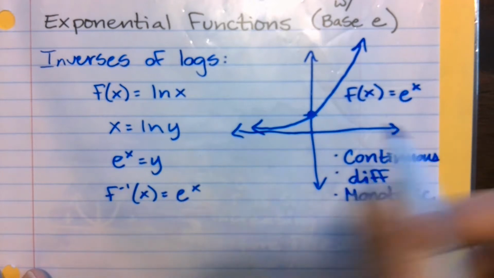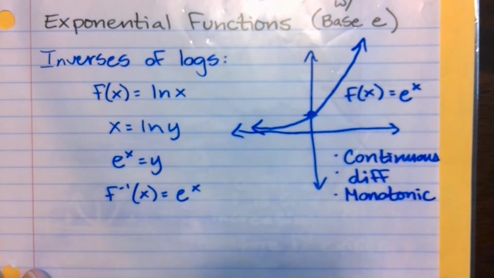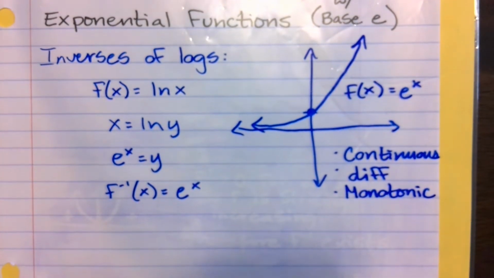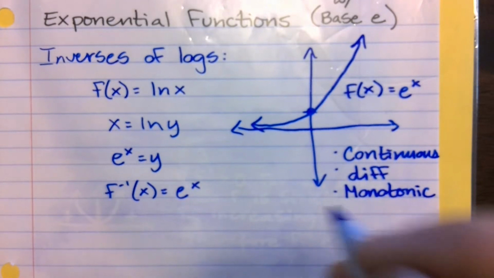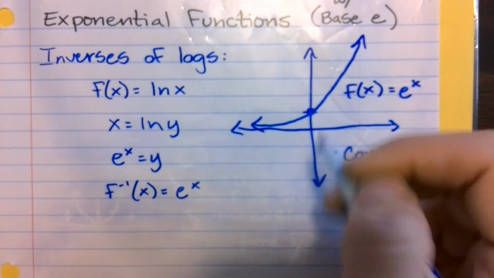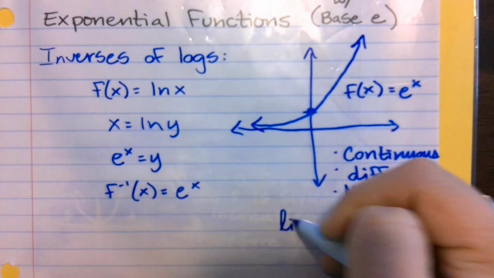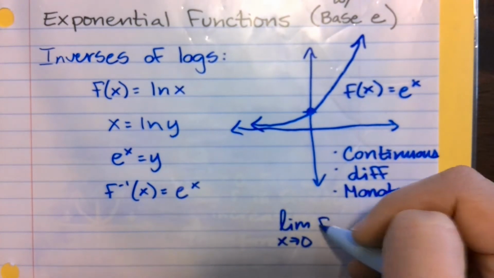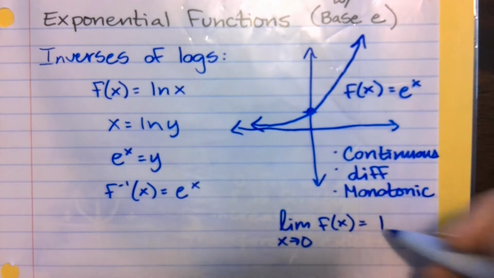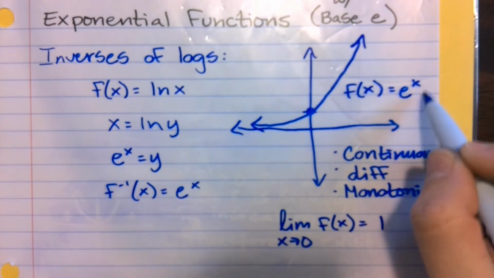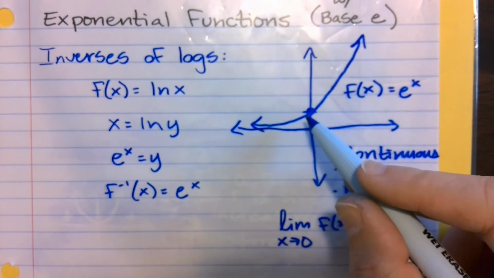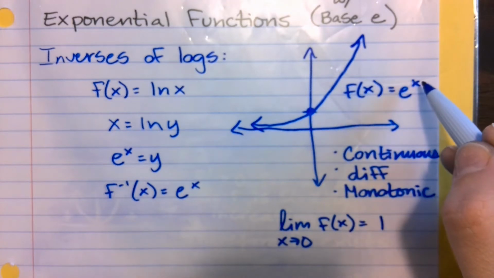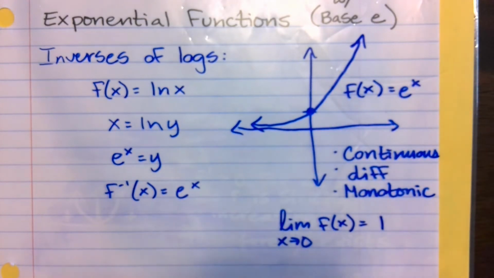It is monotonic because it is increasing for all values from negative infinity to infinity. So it might be important just knowing what it looks like, the fact that the limit as x approaches 0 is going to be 1. As long as we haven't added or subtracted to our exponential, we always get that e to the 0 power is going to be 1, or any base really.